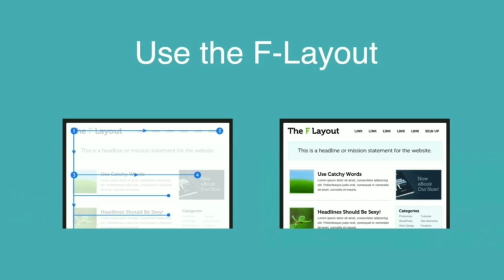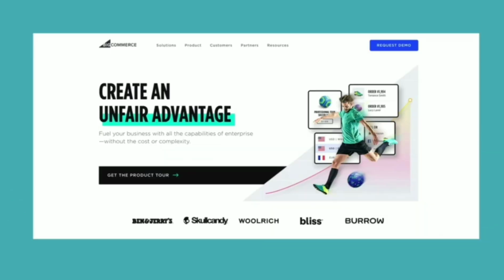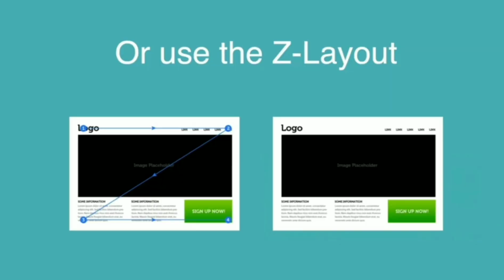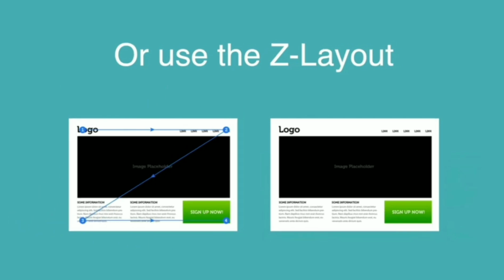For example, like this website for BigCommerce, see how the eye is being naturally accommodated going from left to right. Now, another really common pattern for reading is the Z pattern, where our eyes go from left to right and then zigzag down all the way through the website. Of course, this depends on the type of website.